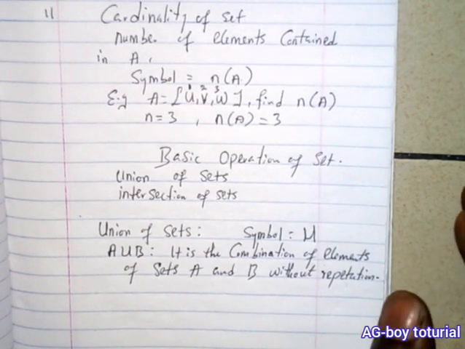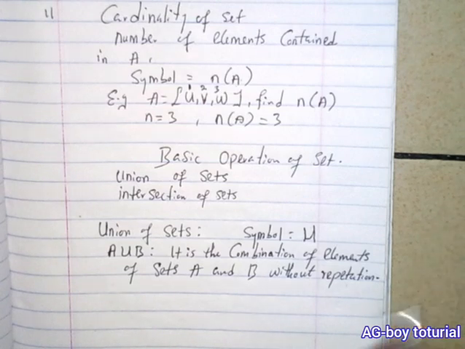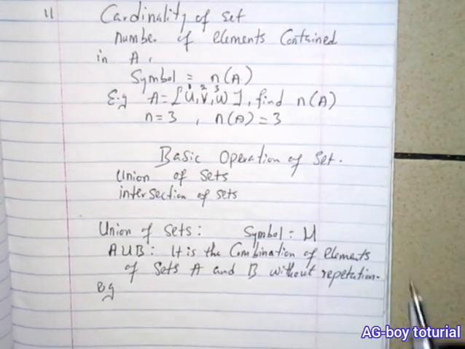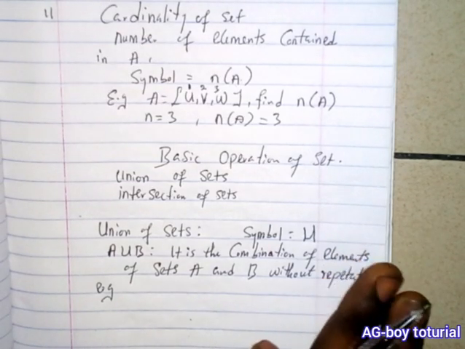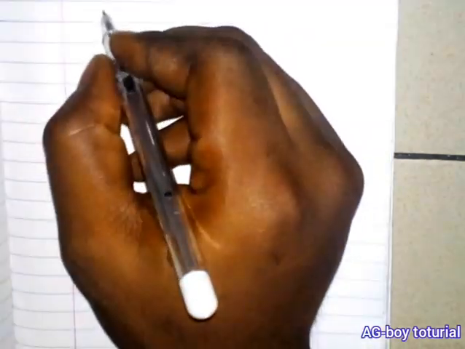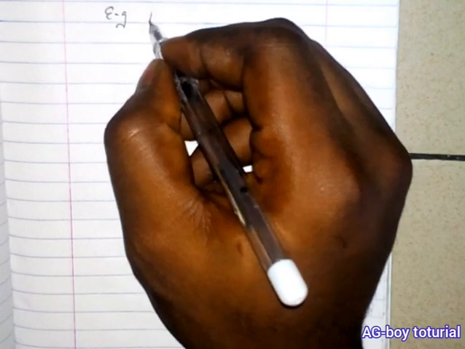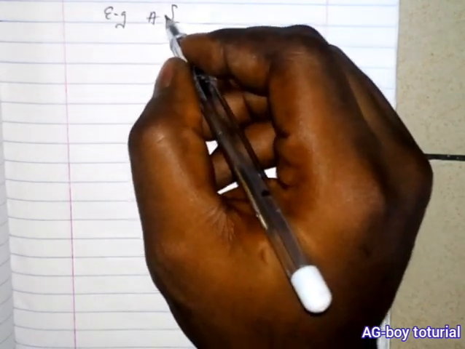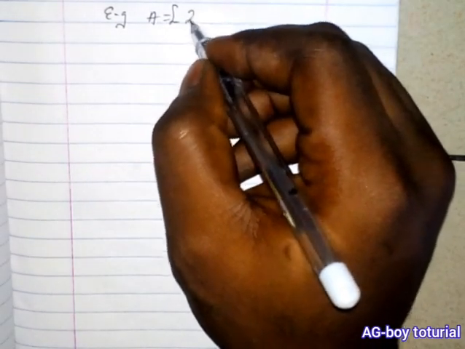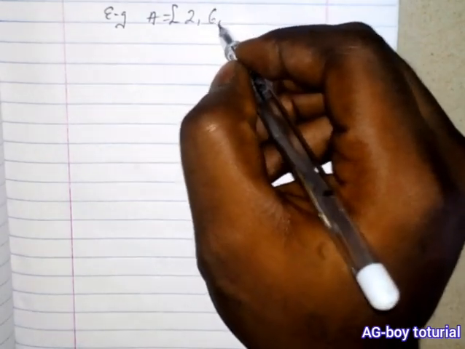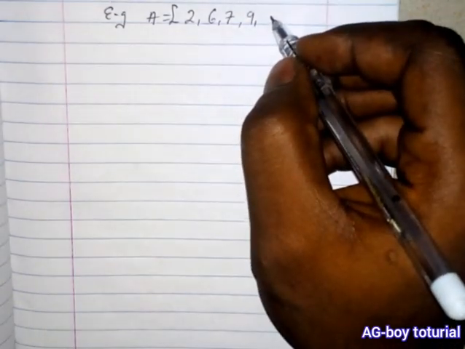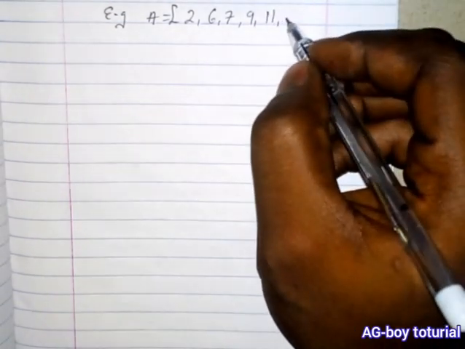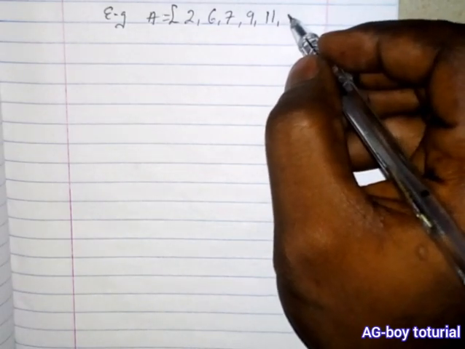Without repetition. So let me do some work example in the next page. This side is filled up. Let's say we have an example, A is equal to 2, 6, 7, 9, 11, and 8.